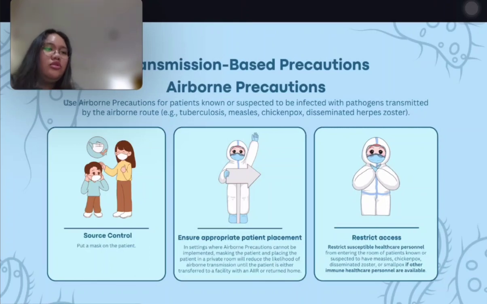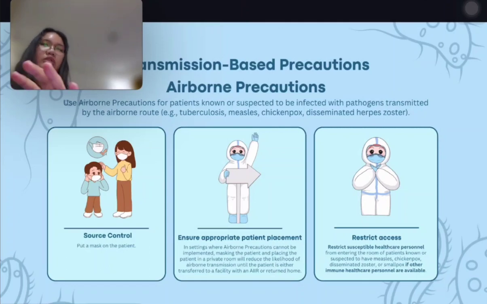The airborne precautions are for those with pathogens transmitted through the airborne routes. For example, tuberculosis, measles, chickenpox, disseminated herpes zoster. Again, we have source control, ensuring proper patient placement, and then restricting access of susceptible healthcare personnel if other immune healthcare personnel are available.